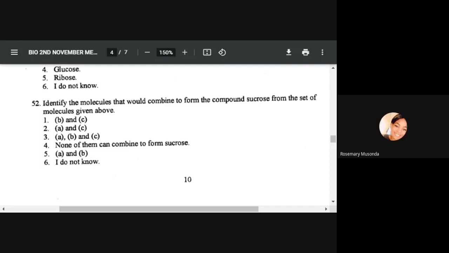No. Now the issue is identifying which structure is glucose. I think C is glucose because when you look at carbon 1 there, the OH is down.